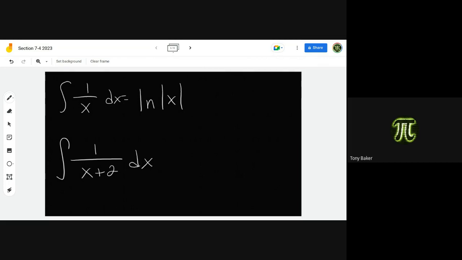All right. So what's the integral of 1 over x plus 2? It is ln of x plus 2. So when we do this one, we actually have to do, in essence, a u substitution. u is x plus 2. du is just dx because it cancels itself out.